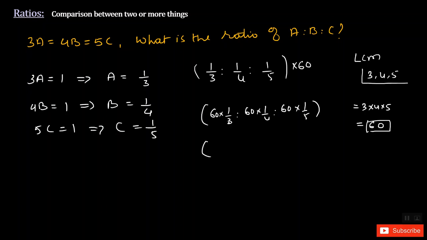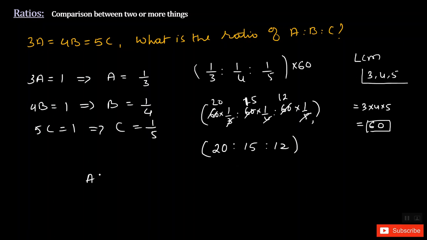That is 20, then 15, then 12. So the ratio here is 20 is to 15 is to 12. If it is possible to simplify further, simplify it, or else keep it as 20 is to 15 is to 12.